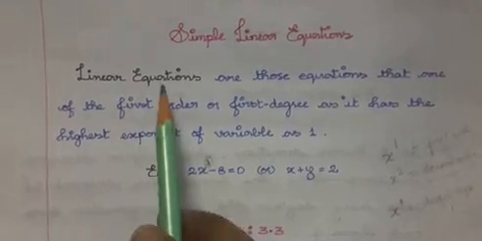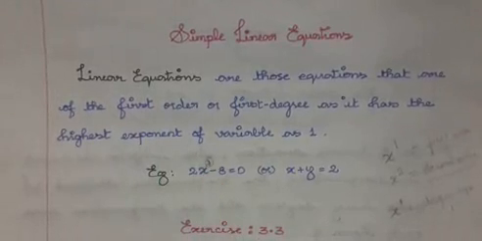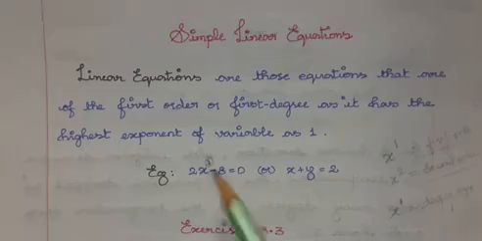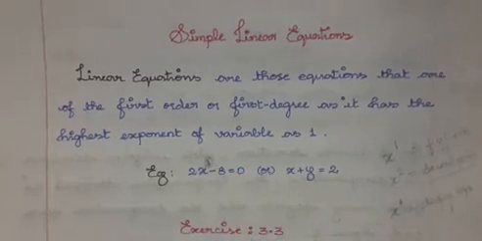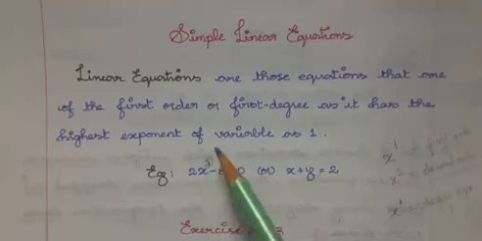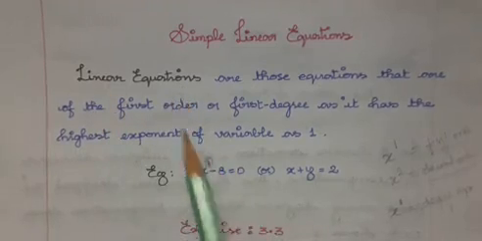So, for a linear equation, the variable will always have the power 1. If it is 1, we won't write it, so we won't have any power over there; that automatically implies that the power of that variable is 1. If the power of the variable is 1, then it is said to be a linear equation.